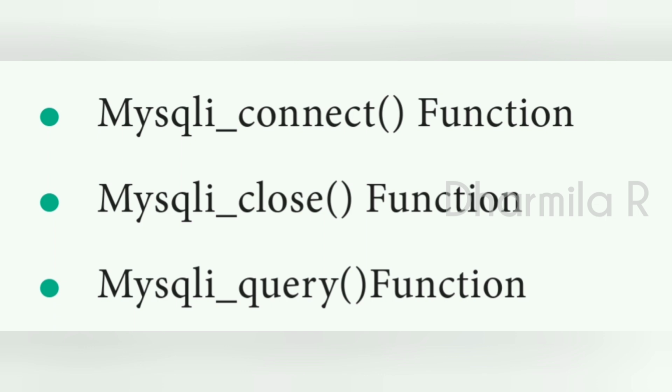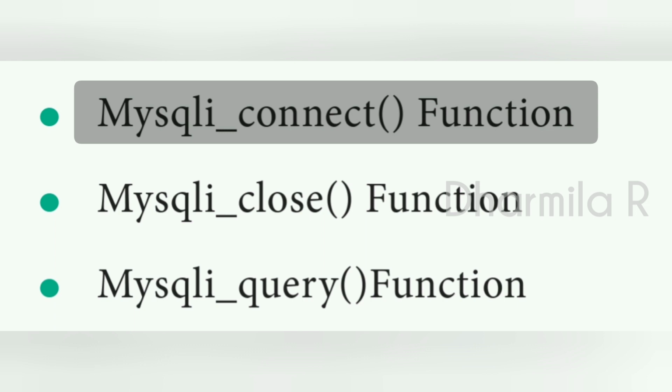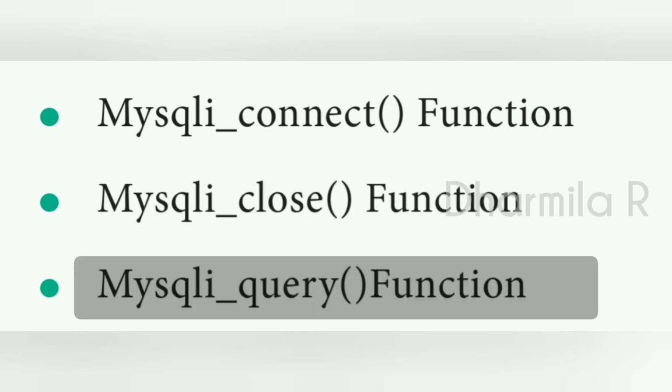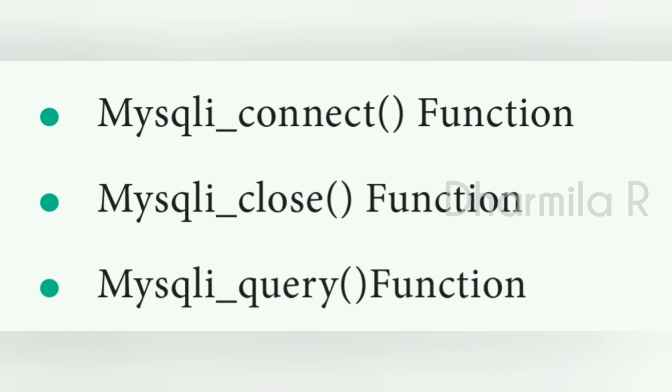To connect to MySQL in PHP, we need the mysqli_connect function. To close the connection, we use the mysqli_close function. And to perform queries, we use the mysqli_query function. So let's see one program with all these three functions and let's execute that program.